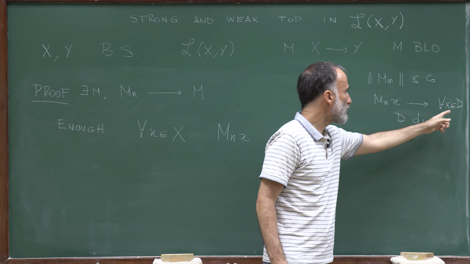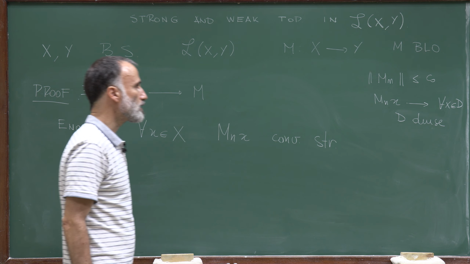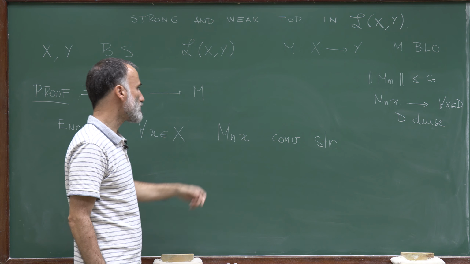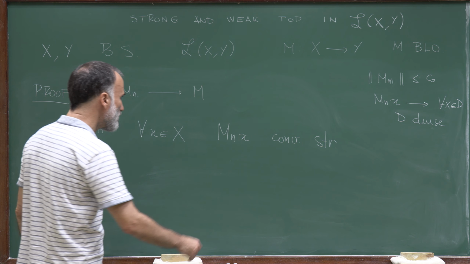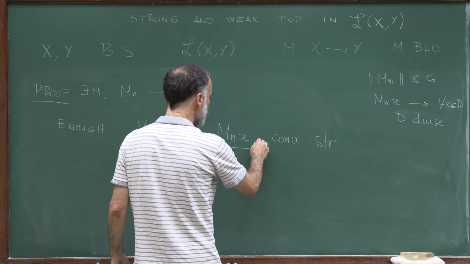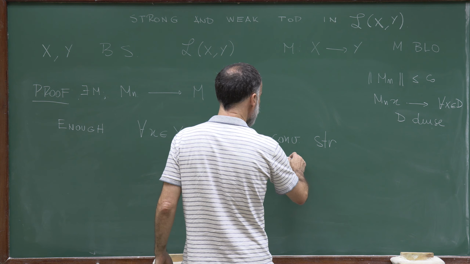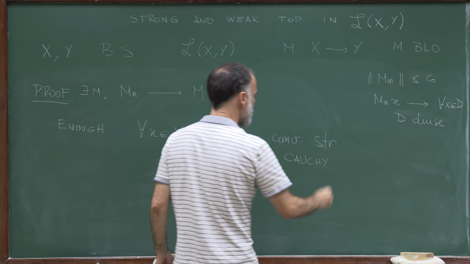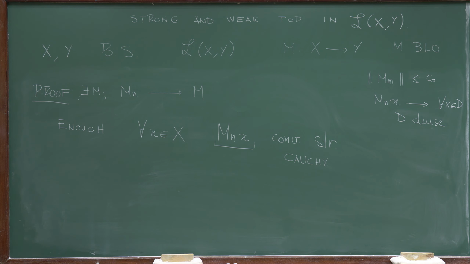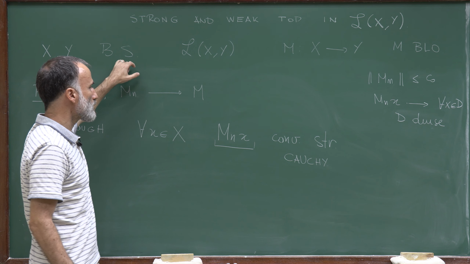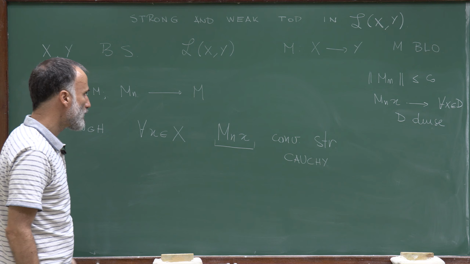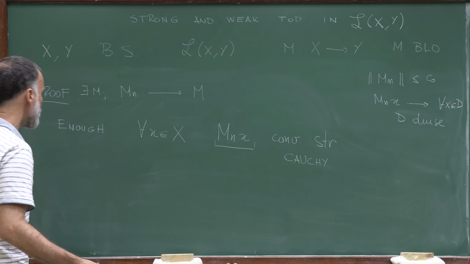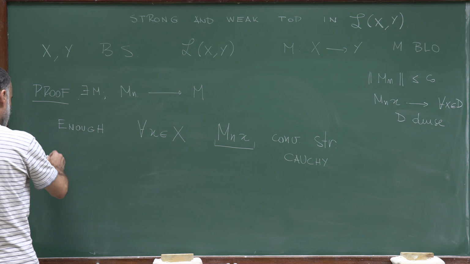We know this for all x in a dense subset, we need to extend this property to the whole set. But to prove that this sequence converges, it's enough to show that it's Cauchy, because Y, by assumption, is a Banach space, so it's complete. And so let's prove that it's Cauchy.